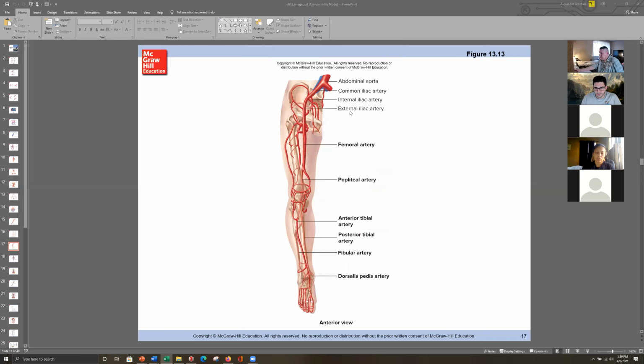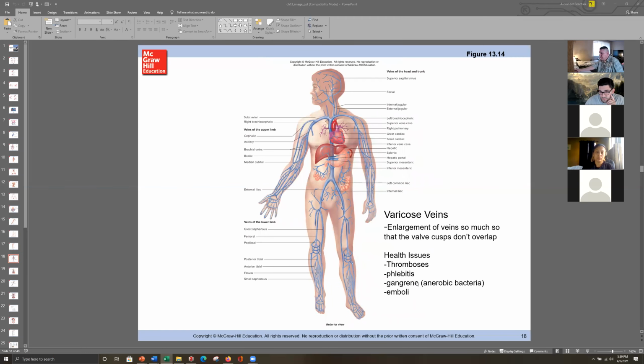All right, down in the leg, the structure of the blood vessels that go into our leg down here, kind of cool. And then the veins, right? The structure of the veins is not really all that different from where the arteries are placed.